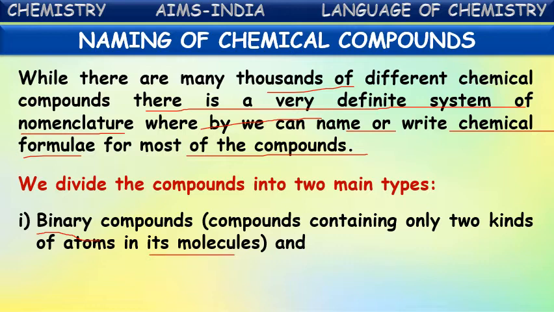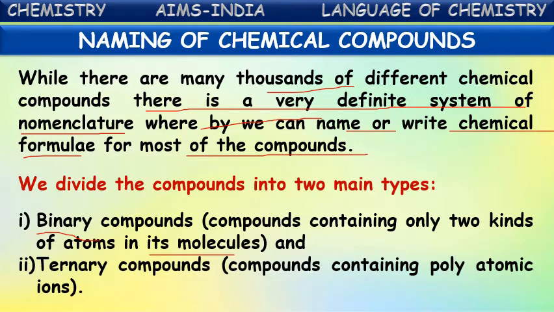Sodium and chlorine, only two kinds of atoms in its molecules. So these are called binary compounds. Calcium oxide, calcium and oxygen, only two kinds of atoms are combined to form a molecule. Water, hydrogen and oxygen, only two kinds of atoms are combined.